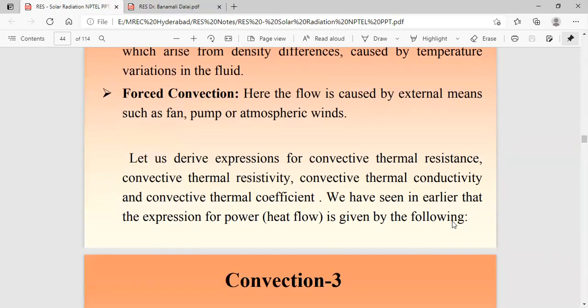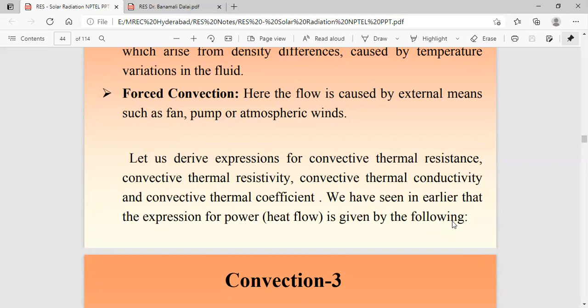Let us derive expressions for convective thermal resistance, the convective thermal resistivity, and the convective thermal coefficient.